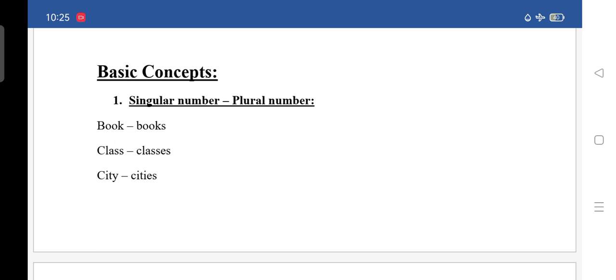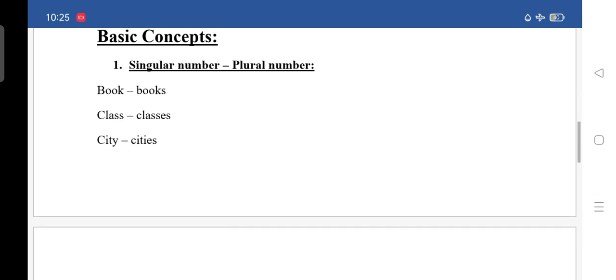So what they are, now I am going to tell you. See here, first singular number, plural number. Singular number is book. Why? Because I'm talking about only one book, that's why it is singular number. Books, I didn't give you how many books there are. Books means more than one. So it is plural. Class, classes.